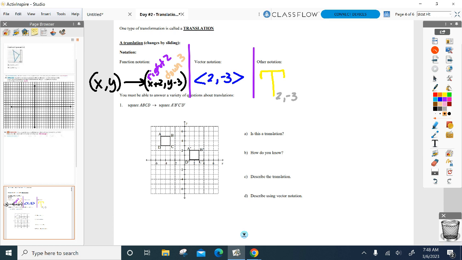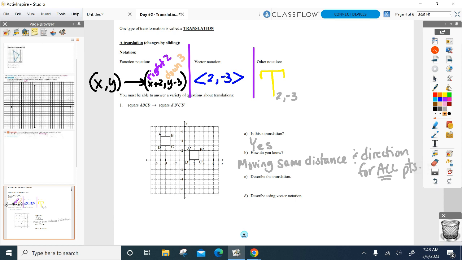Are we moving the same distance and direction? Okay, so yes, this is a translation. How do you know? All points are moving the same distance and direction to get to their image.